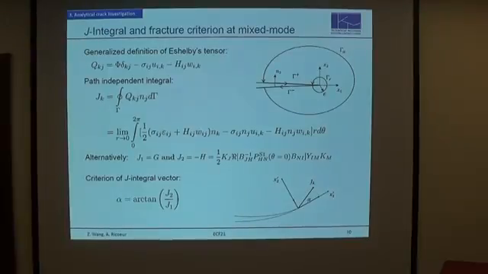In this work, we select the J integral vector as a criterion to determine the crack deflection angle, which means the crack grows in the direction which the G vector points towards.